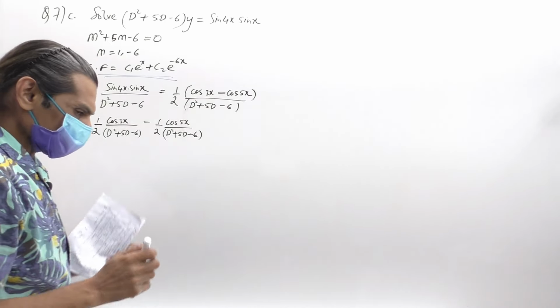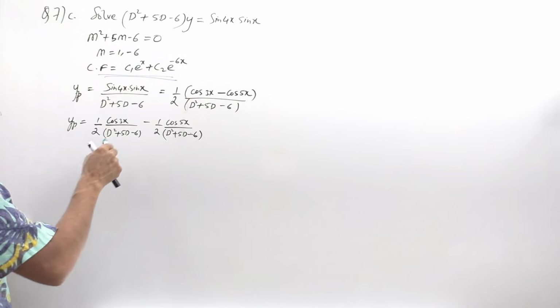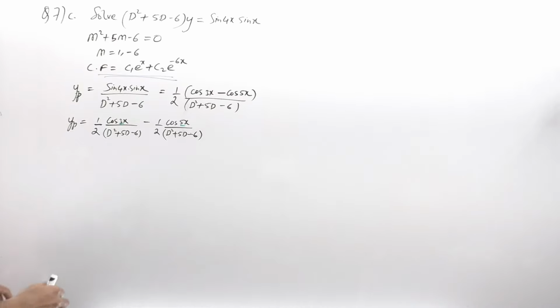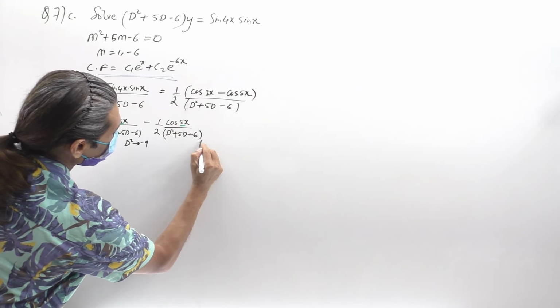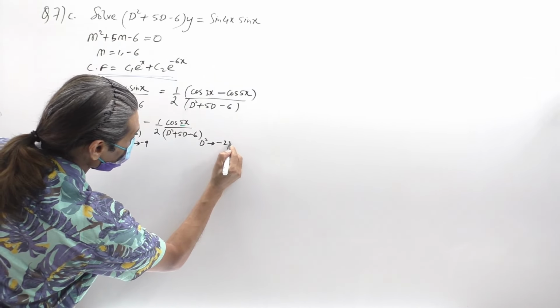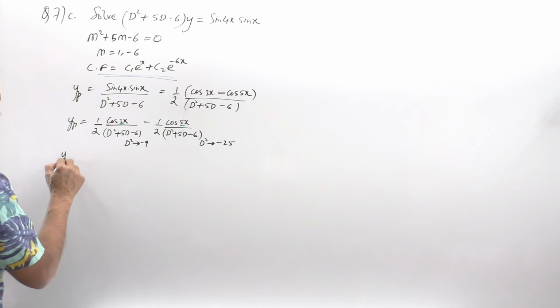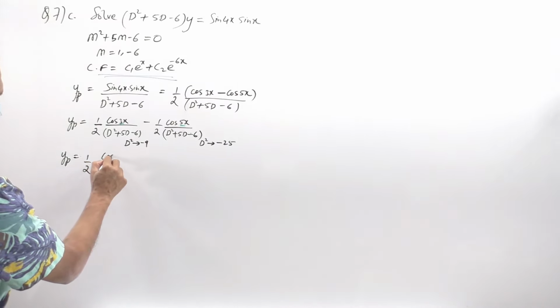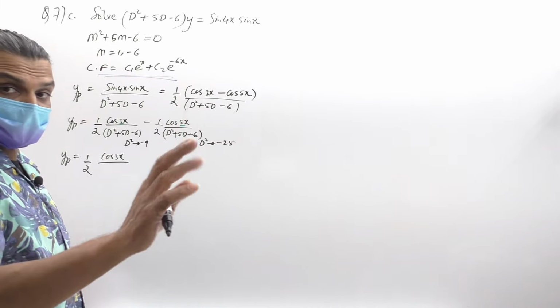What is type number 2? Cos ax or sin ax upon f of D. In type number 2 we don't touch the D's, only replace D square by minus a square. Here a is 3 and here it is 5. Perfect. That means replace here D square by minus 9 and here D square by minus 25, 5 square. Fine. Okay. Now yp is equal to 1 by 2 cos 3x divided by, see, I am telling you, replace only D square, don't touch the D's.